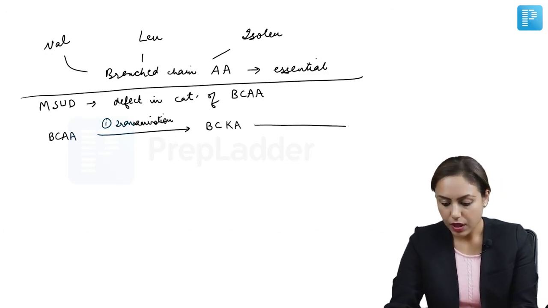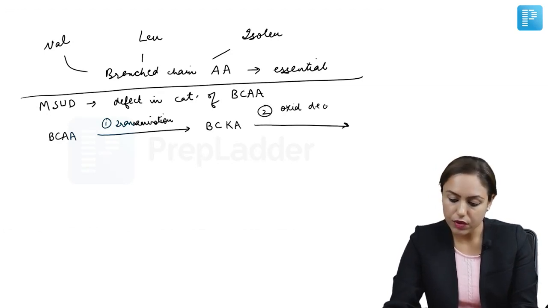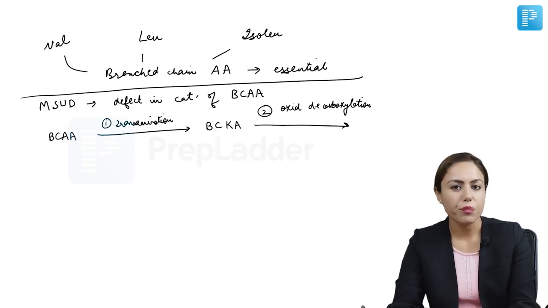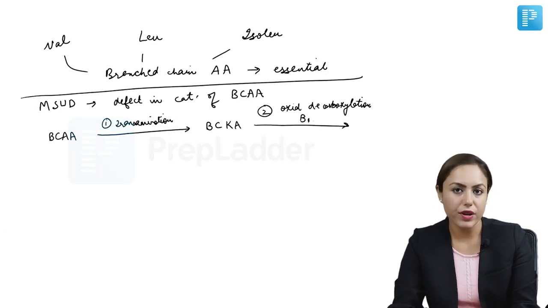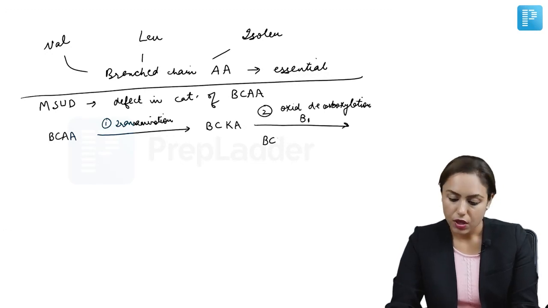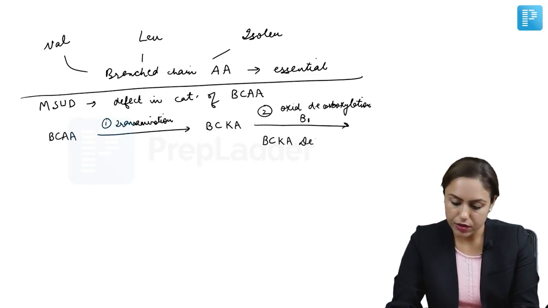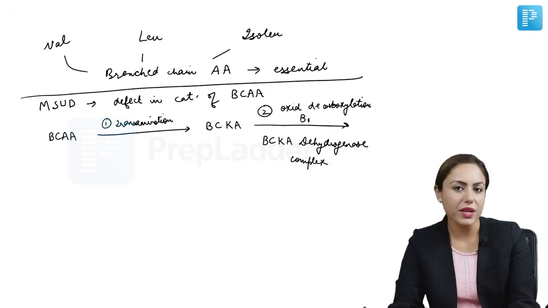Then the second step is the oxidative decarboxylation step, which requires vitamin B1. You know that the name of the enzyme for oxidative decarboxylation is dehydrogenase. So it will be the branched chain keto acid dehydrogenase enzyme. It is a complex enzyme.